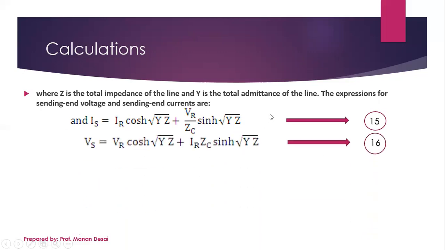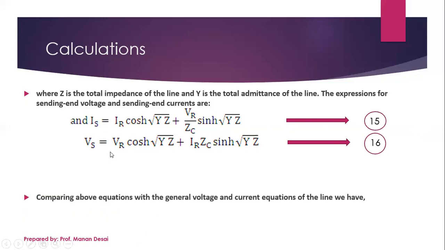This is equation number 15. Similarly, the sending end voltage is equal to the receiving end voltage times cosh under root YZ plus IR ZC sinh under root YZ. So we got the sending end current and voltage and the receiving end current and voltage.